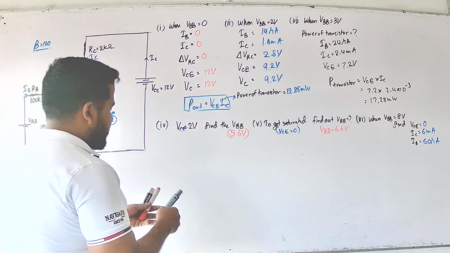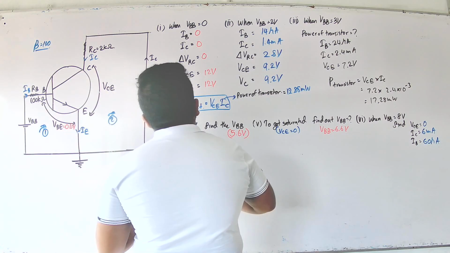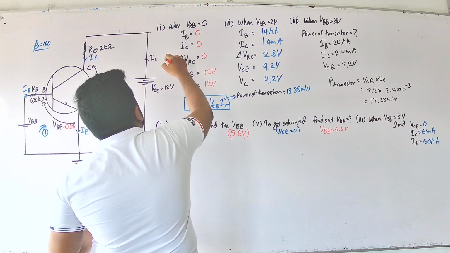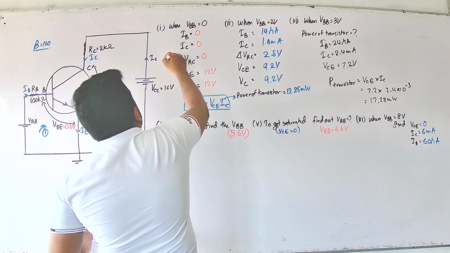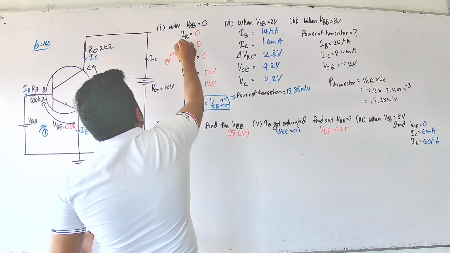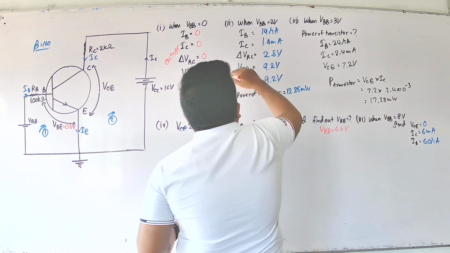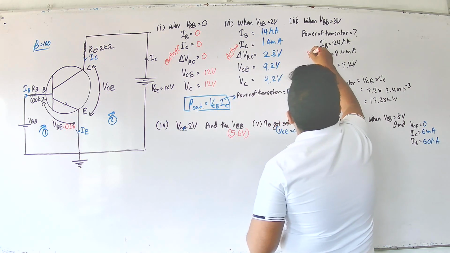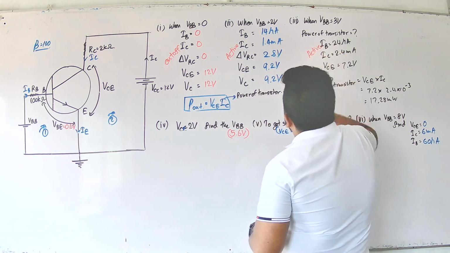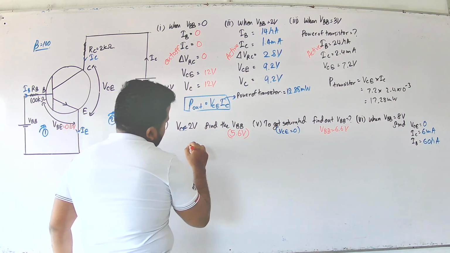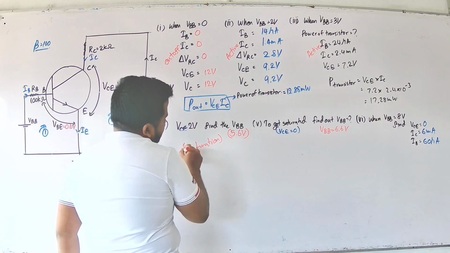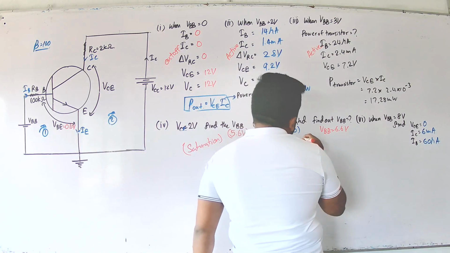So in this problem, this is the active region. This is cutoff. This is active. This is saturated.